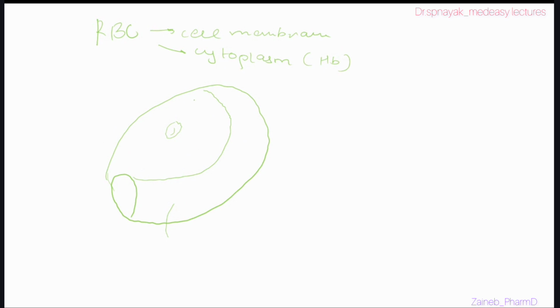Okay. So when this RBC breaks down, this process is occurring here. It breaks down into three components. First, we have the hemoglobin, then we have the cytosolic proteins and enzymes, and we have the membrane.